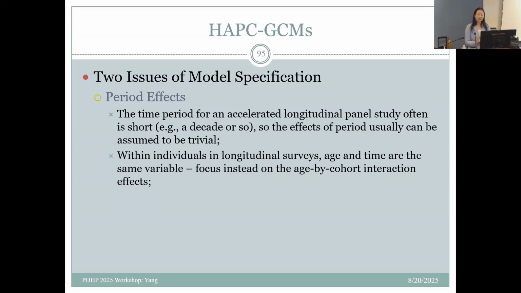So one can, in this case, focus on the age by cohort interaction effects. Just the same logic, cohort can be interpreted as age by period interaction. The reason you could do this is that cohorts vary in age at any historical moment. So effects associated with historical time, if any, tend to produce cohort differences in the age outcome relationship, aka age by cohort interaction.